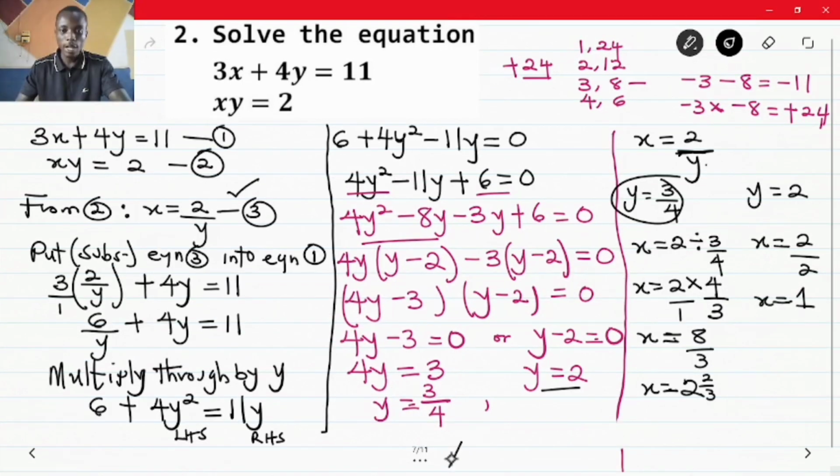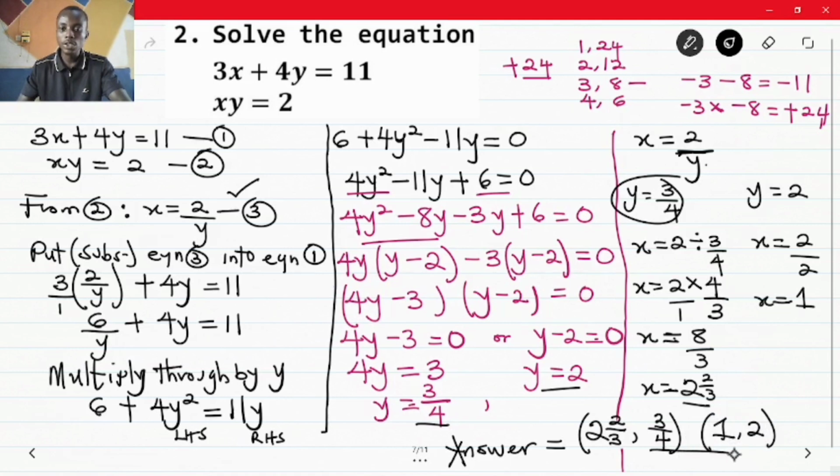Now my answer, since we have two values of x and two values of y, the first is two whole number 2/3, and 3/4, which is this and this here. Then we have the second answer now. We have 1 and 2.